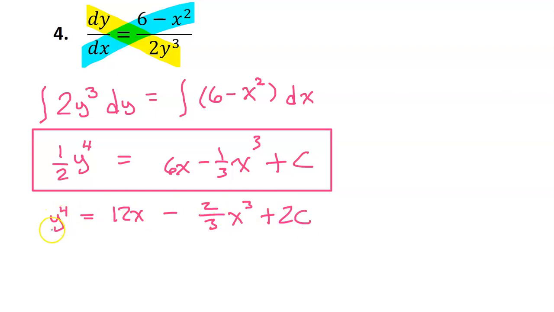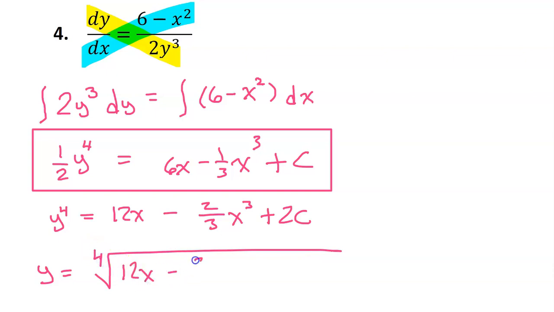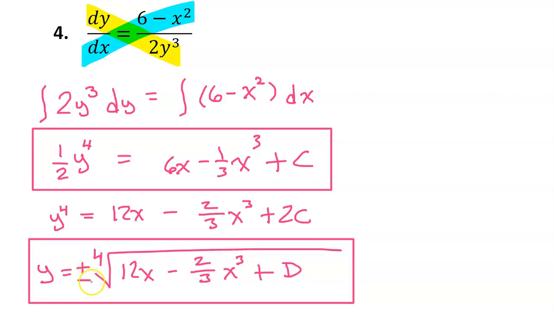Now, taking the fourth root of both sides, we get y equals the fourth root of 12x minus 2/3 x to the third power plus 2 times c, which is just another constant, which I will call d. I almost forgot, when you take an even root of both sides of the equation, the solution will be plus or minus, so don't forget that.